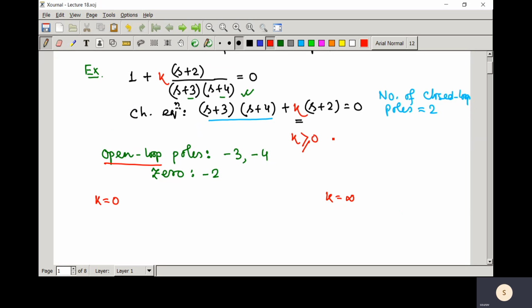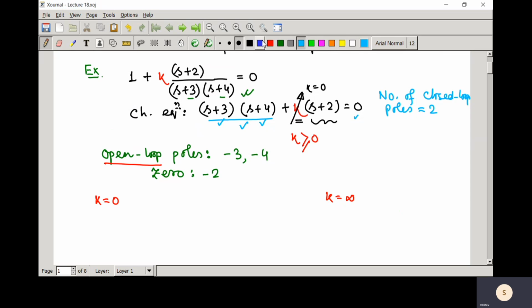So if you look at the characteristic equation, whenever K equals 0, the K term would be equal to 0. So you have (s+3)(s+4) equal to 0. That means s equals -3 and s equals -4. These are the two closed loop poles when K equals 0.